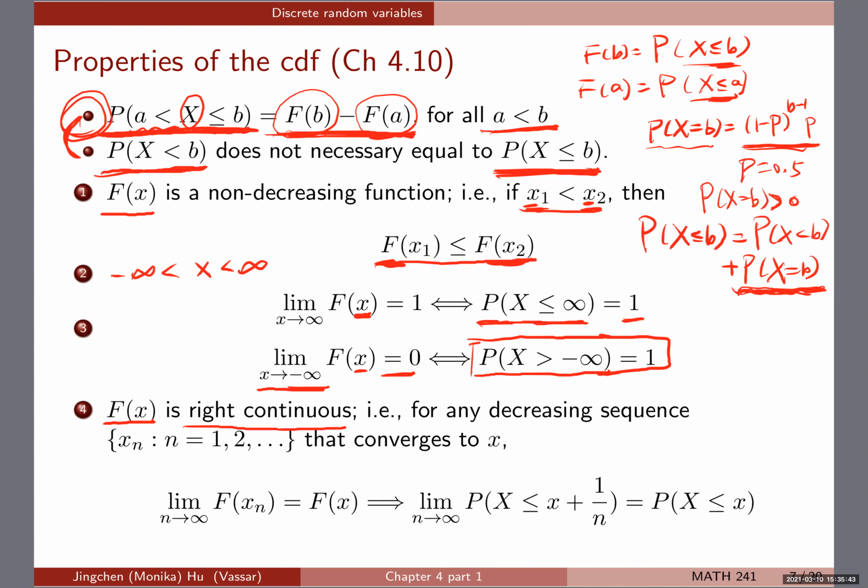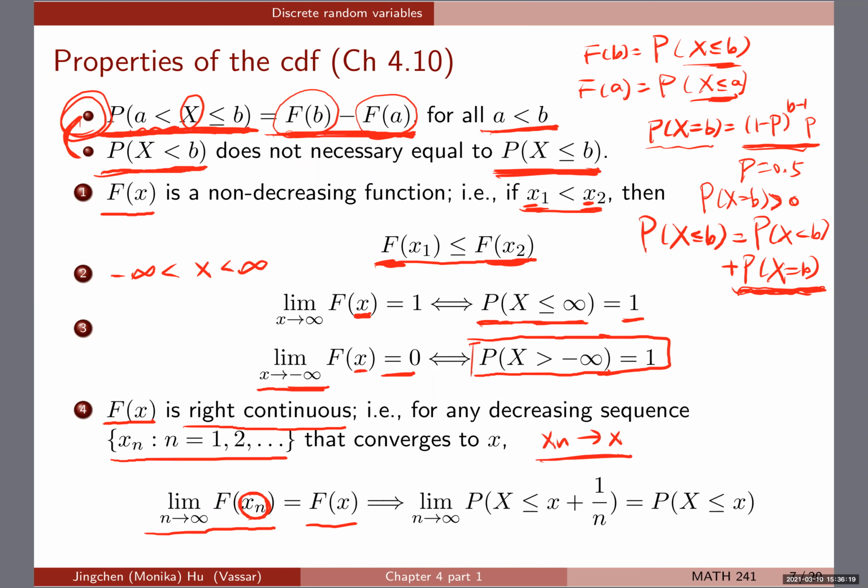It is right continuous, meaning that for any decreasing sequence, let's say xn, that converges to x, the limit as n goes to infinity of the CDF evaluated at xn will just become F of x, because xn is converging to x. That's not surprising.